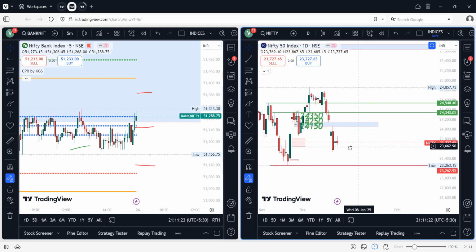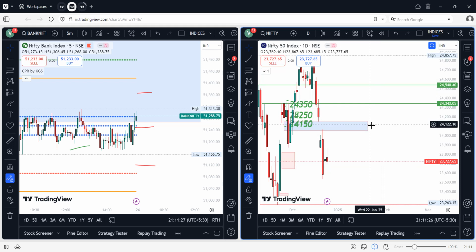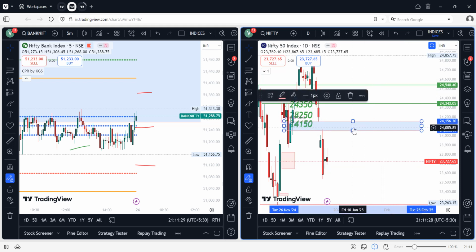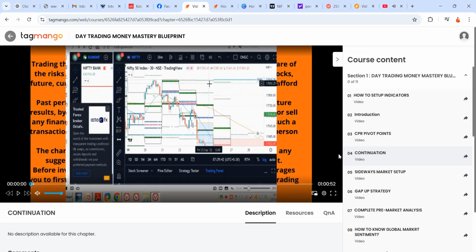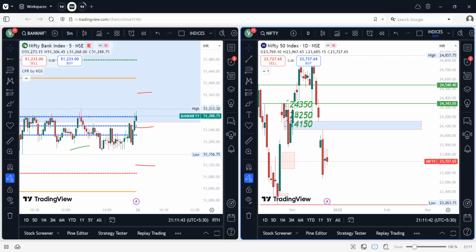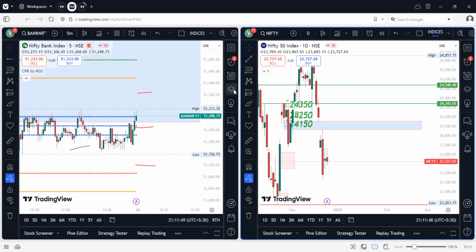Okay, this is the small gap border. Why? You can see here, there is a gap between these two levels. So I'm going to the trading journal and I'll do this gap border. Yes, I have marked the gap borders.